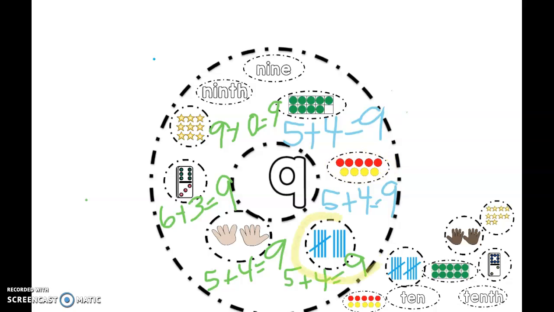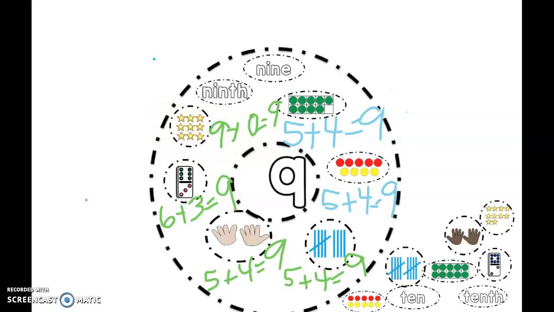I have my tally marks down here, which shows me 5 tally marks plus 4 more to get 9. I have my hand showing 5 fingers plus 4 fingers to get 9. Over here I have my domino. I have 6 on the top and 3 on the bottom to get 9. And then my last one, I have 9 stars altogether. I have 9 plus 0 more, still gives me 9.